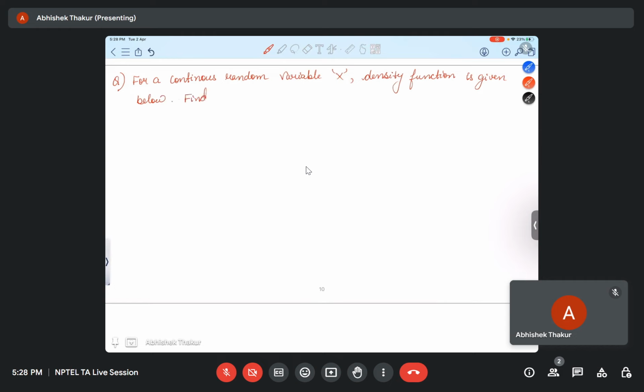So the density function is given as follows: this is minus 10, this is 20, and this value is k. And on the y-axis, the density is represented as small f_X(x).